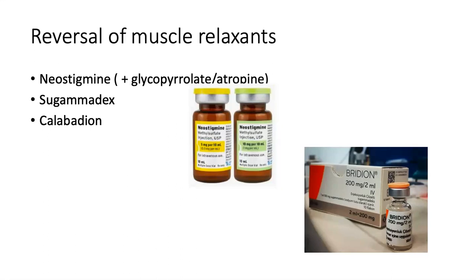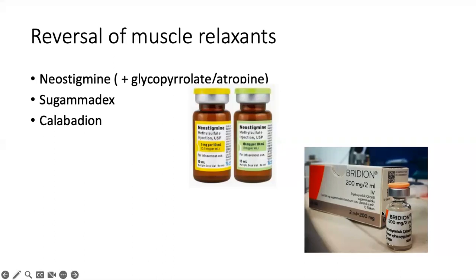However, you need to know that Bridion or Sugammadex, Bridion is a trade name, is expensive. I think there is a generic that has just come out recently, but generally it's quite expensive. If we look at physiology, the typical weight of a male subject, according to the physiology textbooks, is 70 kgs.